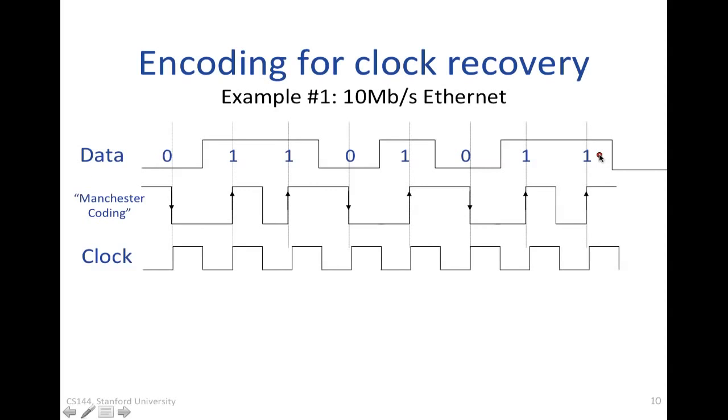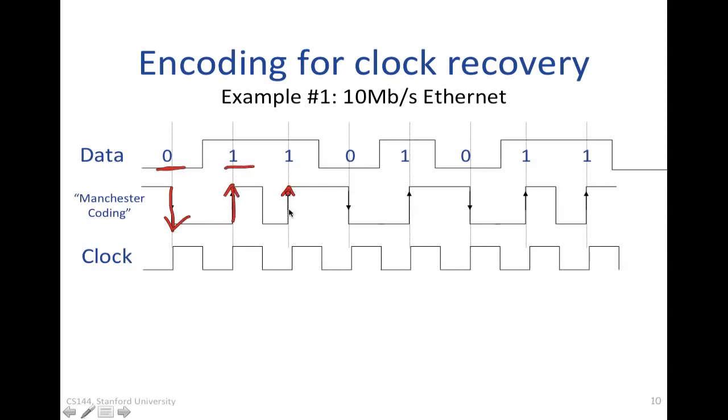And the way that that's going to be encoded before placing it onto the wire is as follows. We're going to look at the bit and make sure that there is a transition during every bit time. So this signal here is the one that's going to go onto the wire. Whenever we see a 0, we're going to have a downward transition. Whenever we see a 1, we're going to have an upward transition.